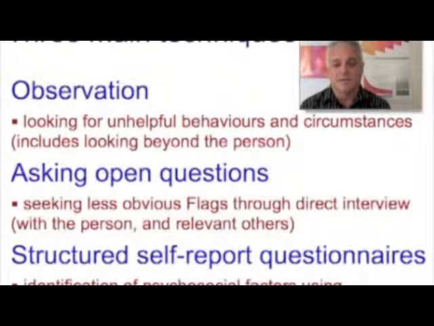The third method is to use structured self-report questionnaires, and these can be used as a form of quick screening to identify psychosocial factors. With those questionnaires, they're confined to the person, and they require follow-up usually with both observation and questions.